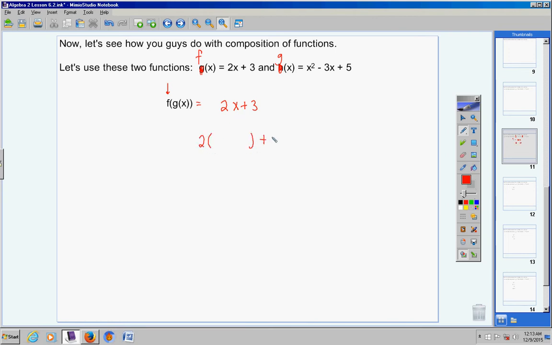Now, isn't that easy? Everyone can do that. That's not hard. What's the first letter outside the parentheses? F. That tells you to go to the f function and write the function, and where there's an x, put a big parentheses. Now, what's the next letter you see? G. So you're going to pick up your g function and put it in the parentheses.